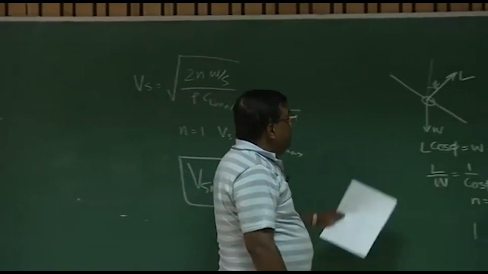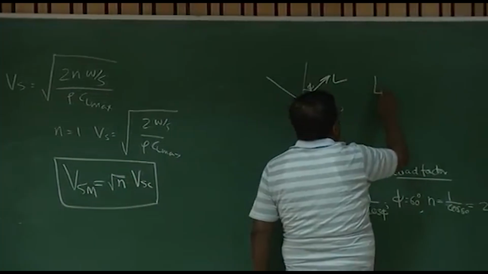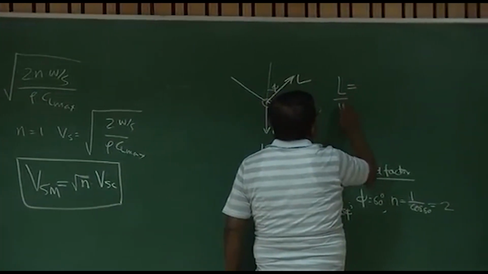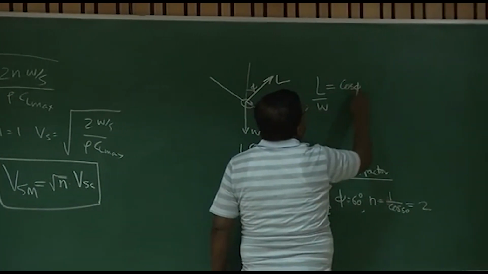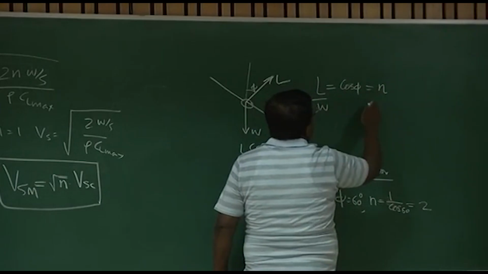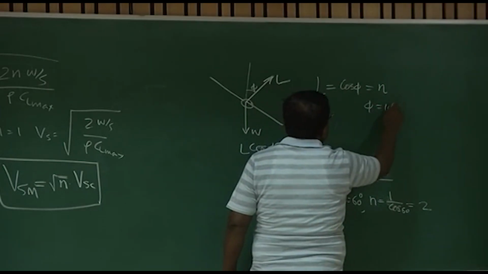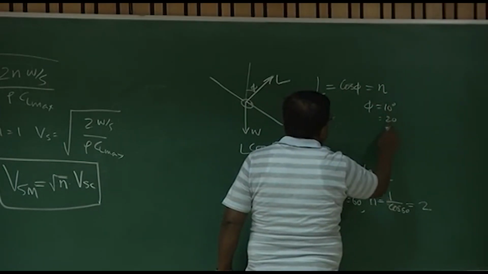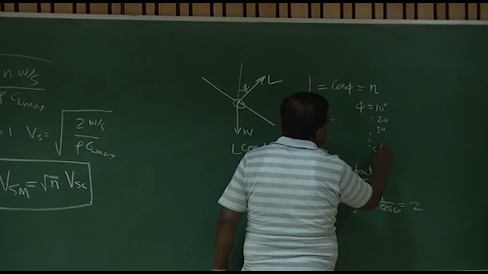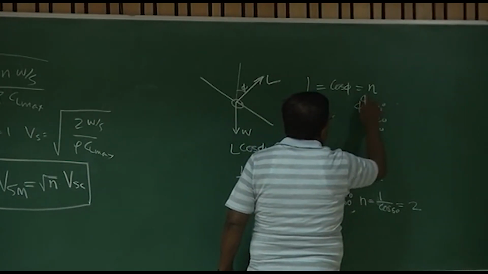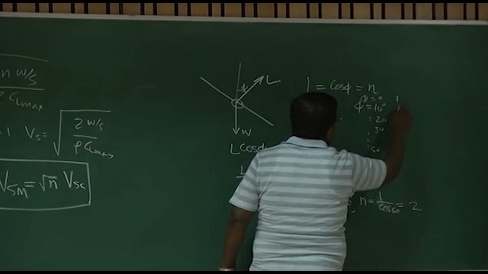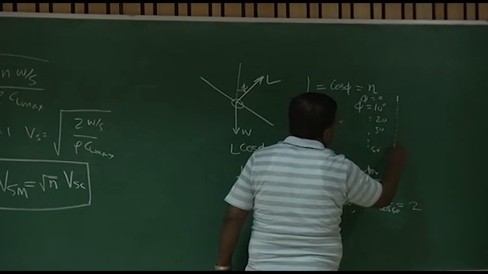Now here also you have seen that L by W is 1 by cos phi. Just to give you a feel, you can check yourself if it is 10 degrees, 20 degrees, 30 degrees, up to 60 degrees. From phi equal to 0 degrees, the load factor changes from 1 to 2.